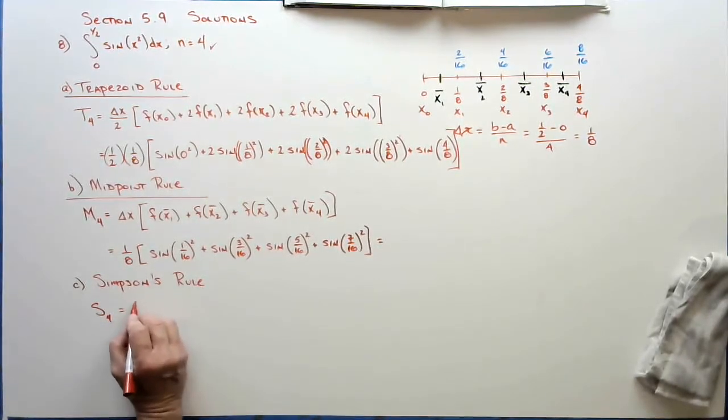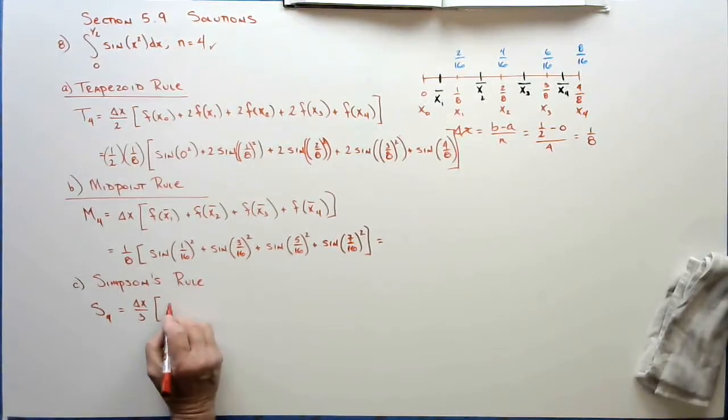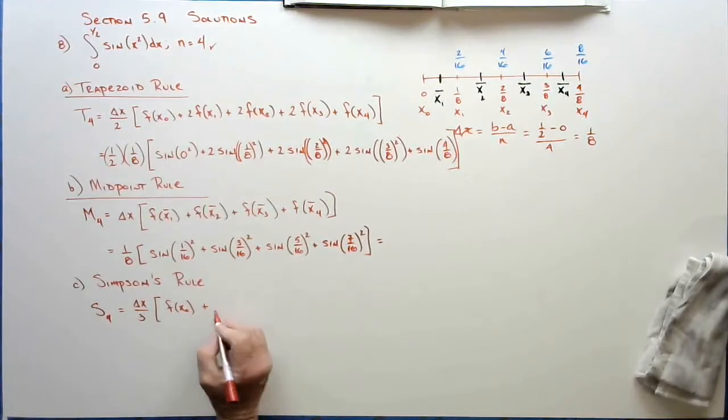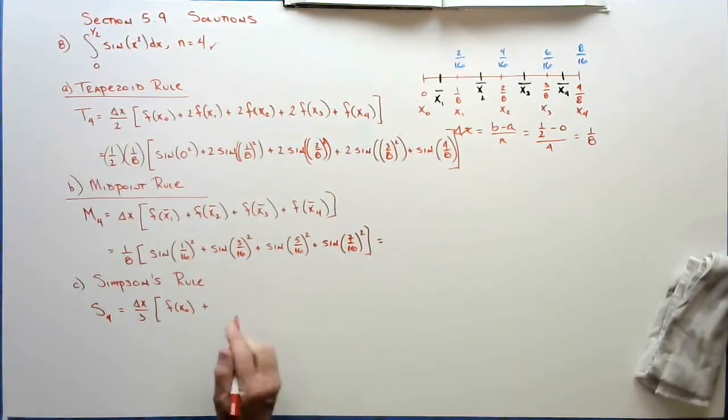That's supposed to be delta x over 3 times f of x sub 0. We have our y value there. Plus, and remember, the odd subscripts are multiplied by 4.